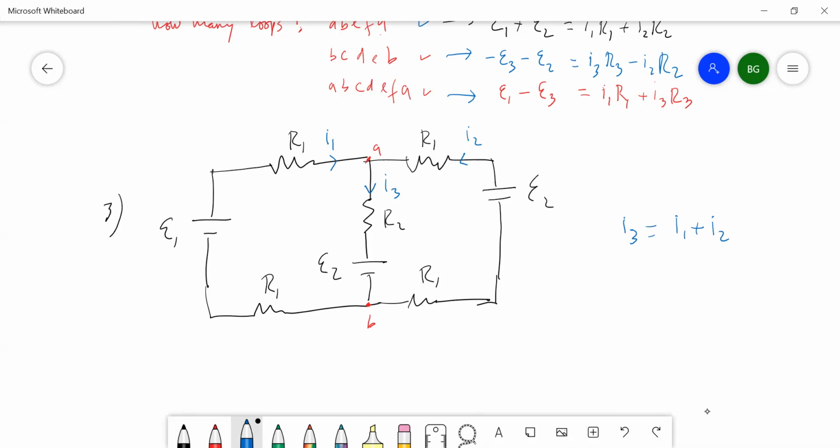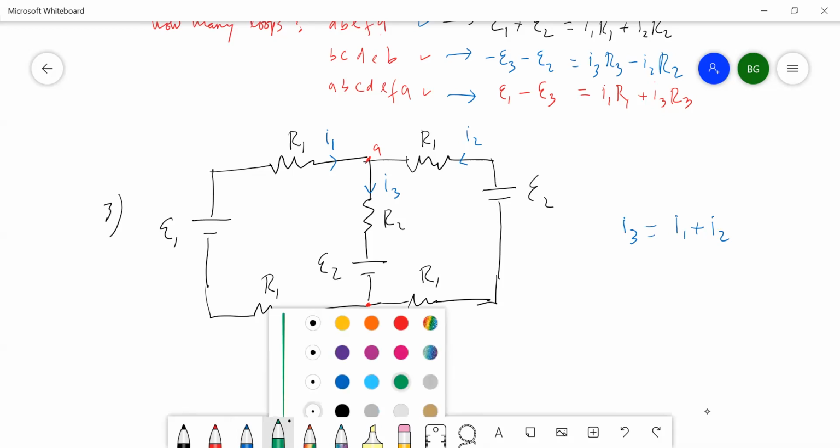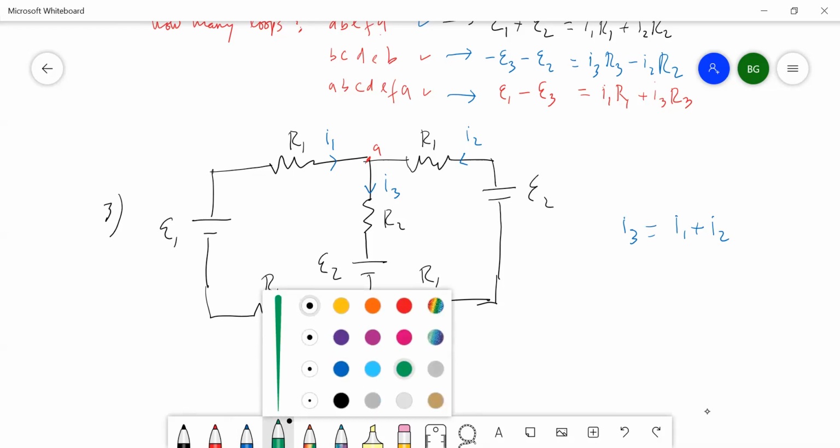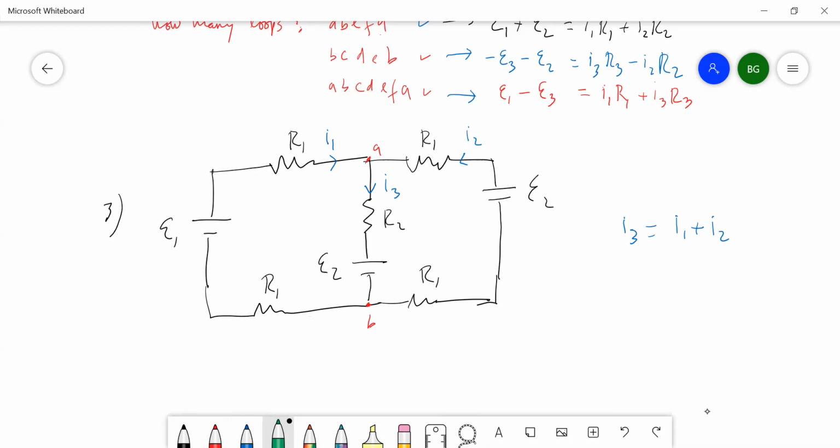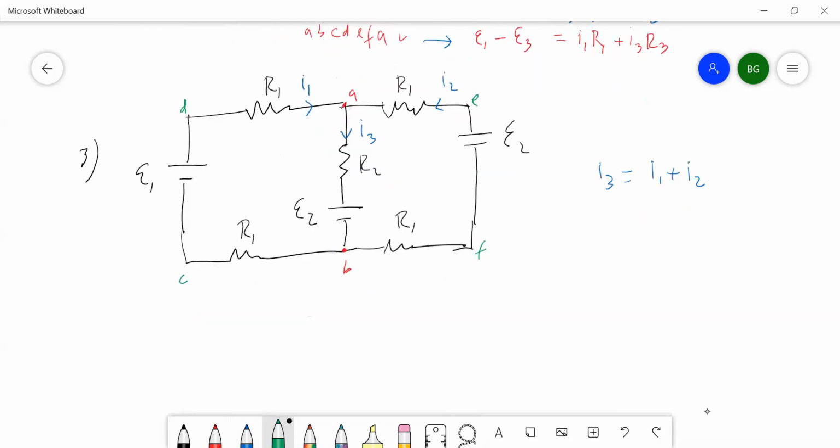Let's say we label the points A, B, C, D, E, F. First loop: D, A, B, C, D. Okay, this one.